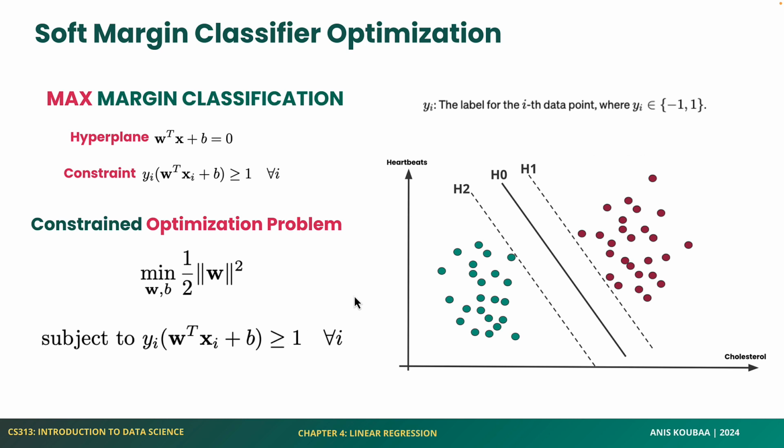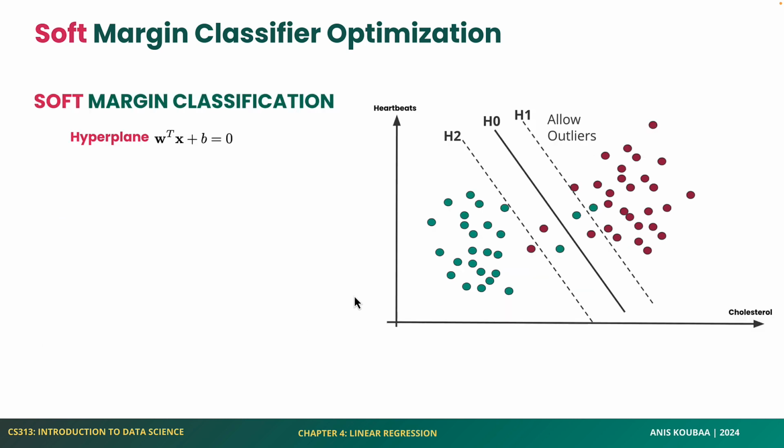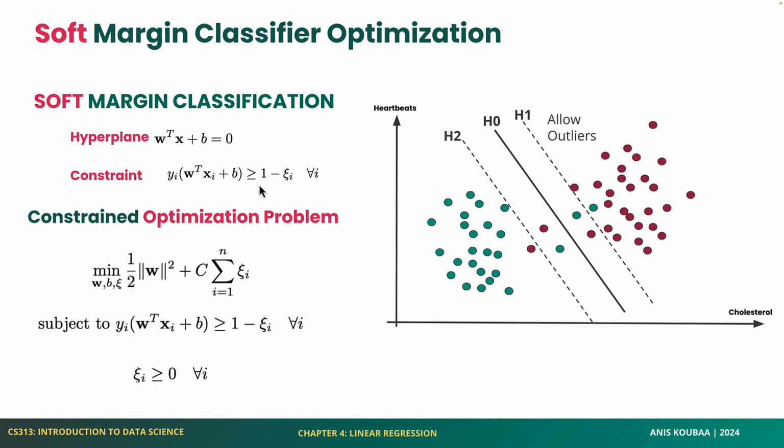Now, if we want to apply this in the soft margin classifier, we're going to add the constraint minus xi C. So this is basically a learnable tolerance, and we will introduce a new hyperparameter C that will introduce what we call the regularization term. And you know what regularization is. What's the role of regularization usually in data science?